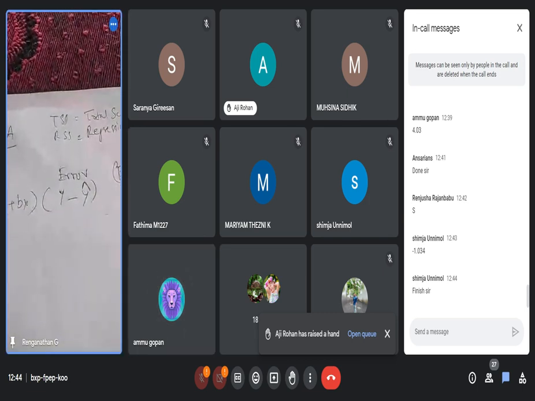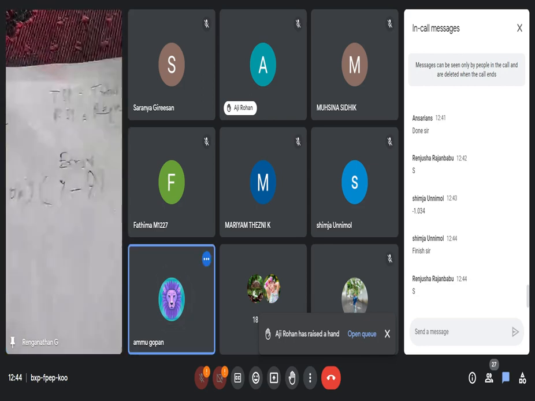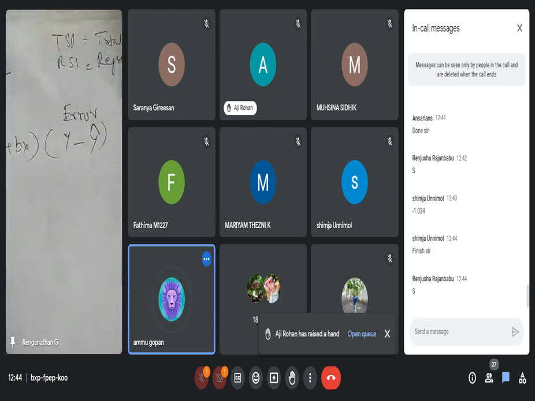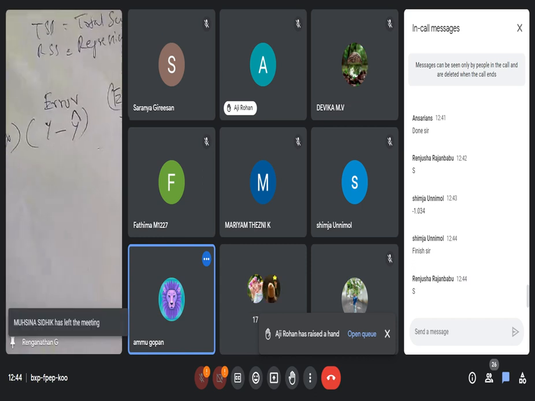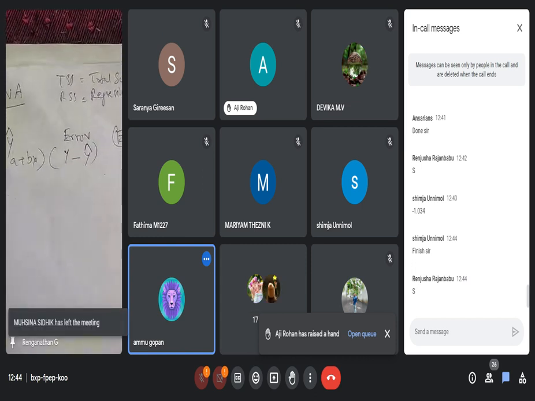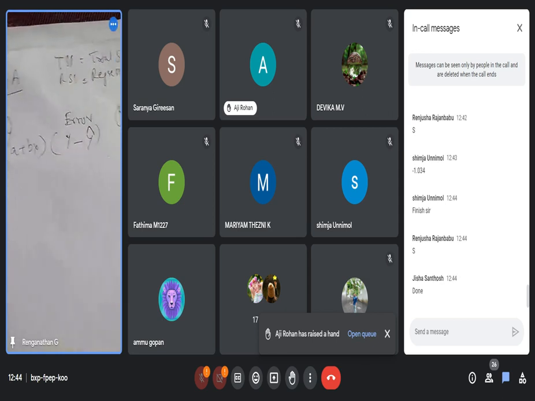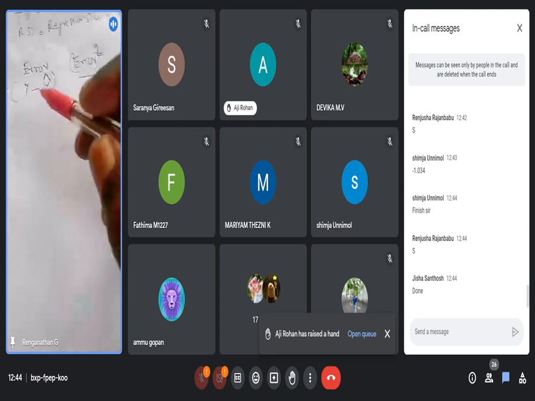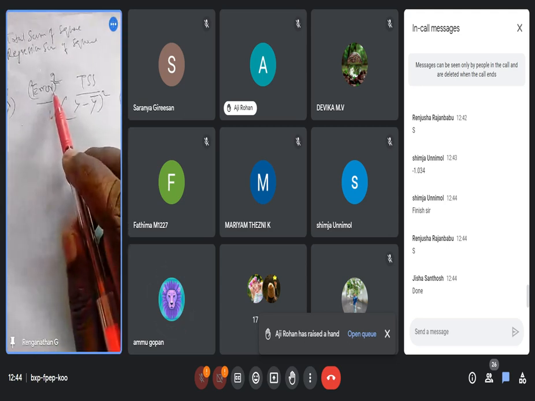Okay, Shimja. Okay, Ranjusha. So I expect everybody finished with this. Done. Okay, Jisha. So now the error column is finished, isn't it? Now everybody come to the error square column.